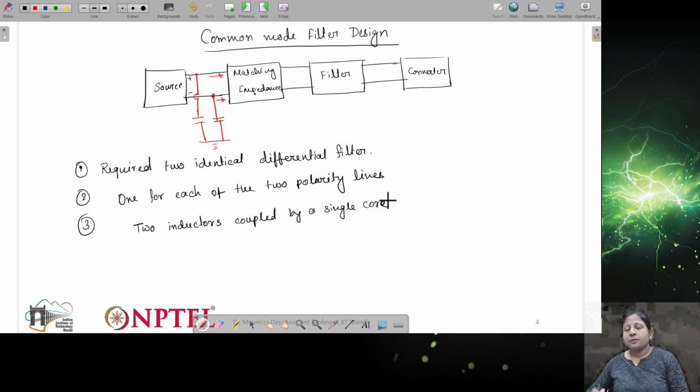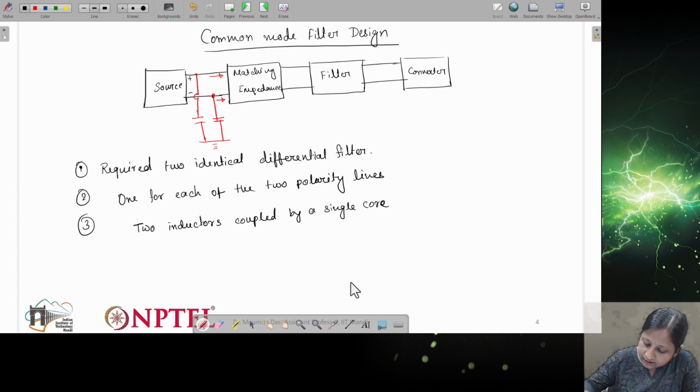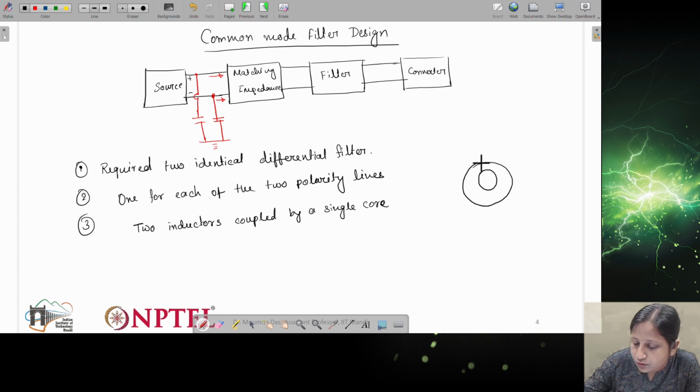The reason for using this is that whenever we are considering a single core, the signal which enters here will go in this direction.